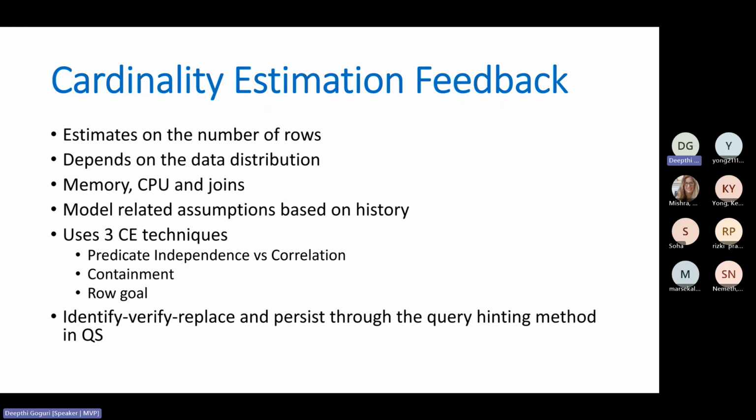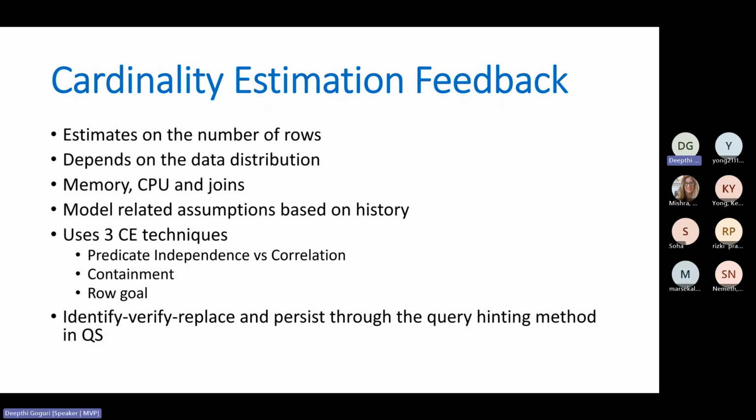So it will first identify whether the query is actually eligible for this feedback, and then if there is a 10x or 100x difference between the estimated and the actual number of rows, if the difference between the estimates and the actuals is way too large, it will go ahead and replace it, and make sure those estimates are updated and persistent.